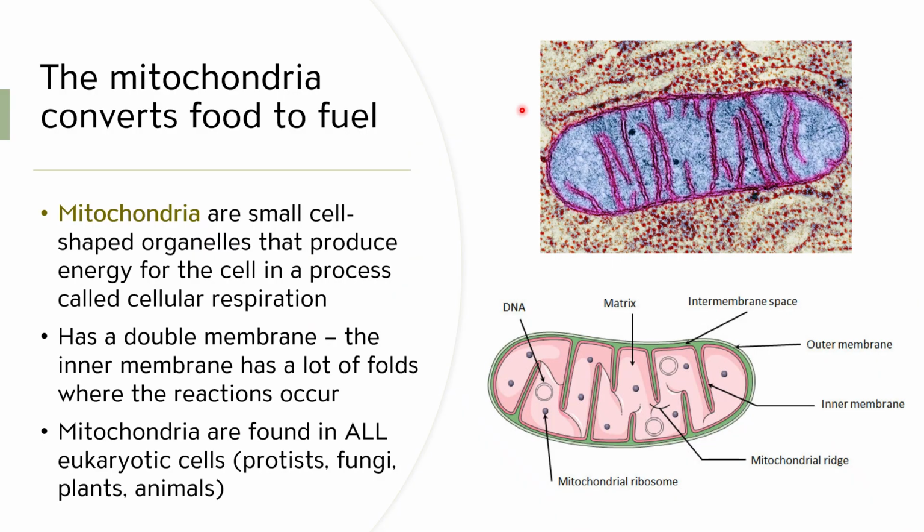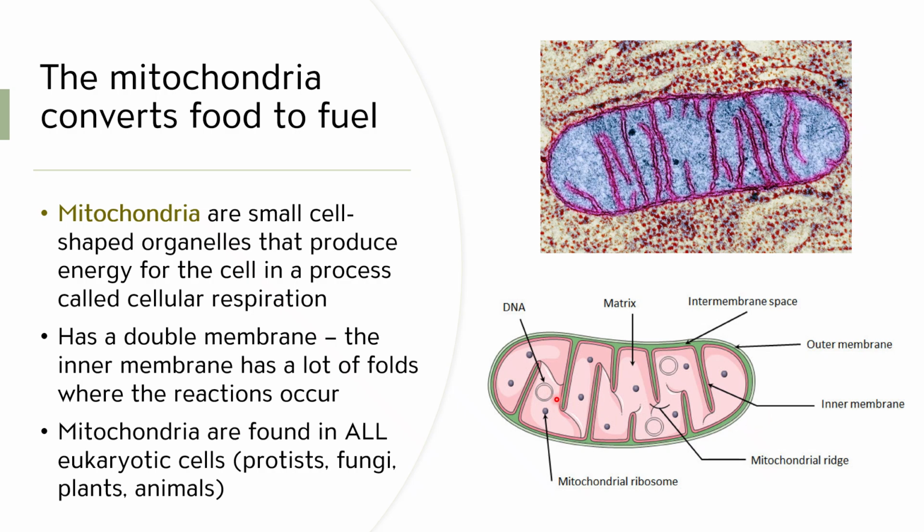Then there is the mitochondria. The whole job of the mitochondria is to take food, usually glucose, and convert it into ATP, which is the primary energy currency of the cell. They have a double membrane. They have a regular membrane on the outside and then a more twisty membrane on the inside.